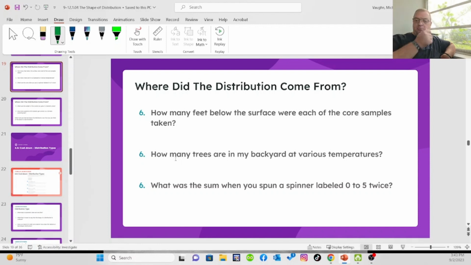Which matching pair do you think answers this question? Question 8. What was the sum when you spun a spinner labeled 0 to 5 twice? Which matching pair do you think could represent this question?